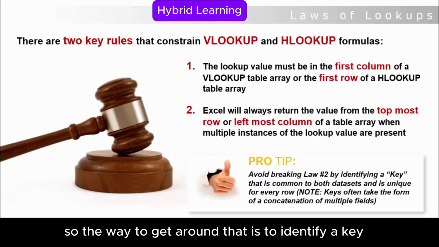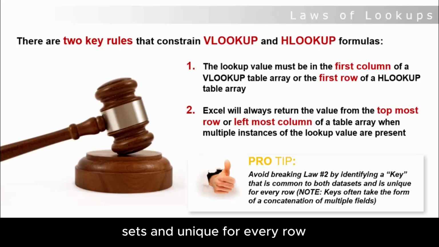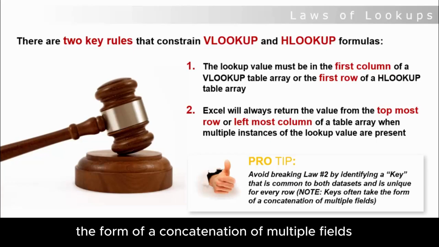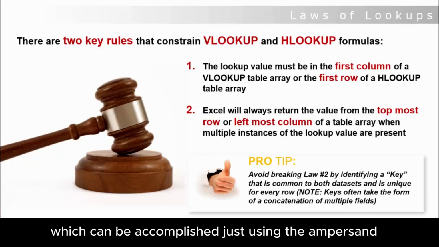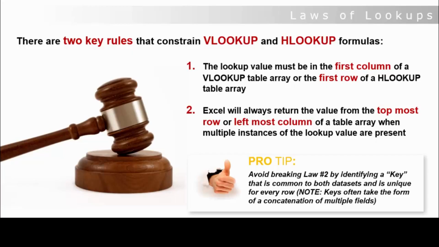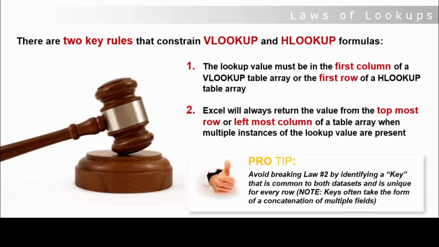So the way to get around that is to identify a key that's common to both data sets and unique for every row. That's the key piece here. So it typically takes the form of a concatenation of multiple fields. We'll talk more about those specifics in the text function section, but basically a concatenation, which can be accomplished just using the ampersand sign in Excel, just mashes together 2 text fields into one.